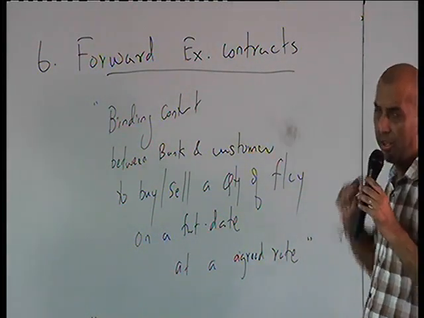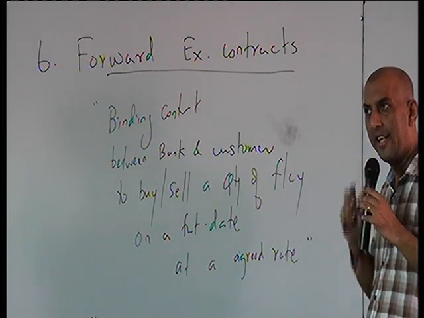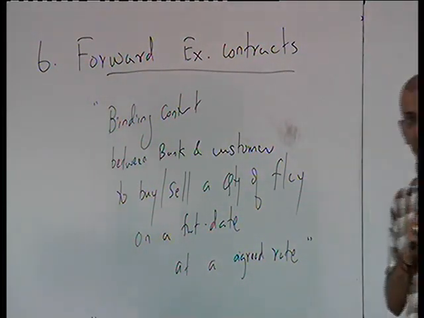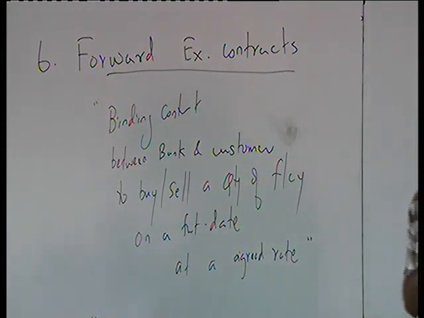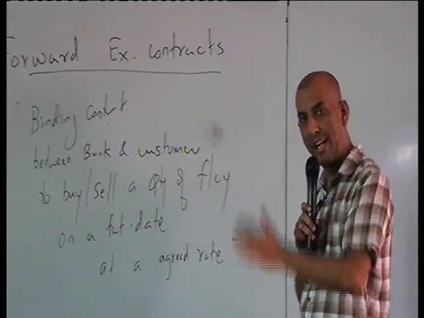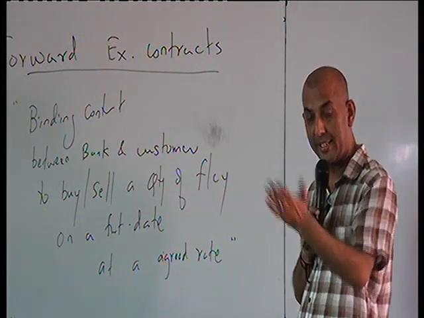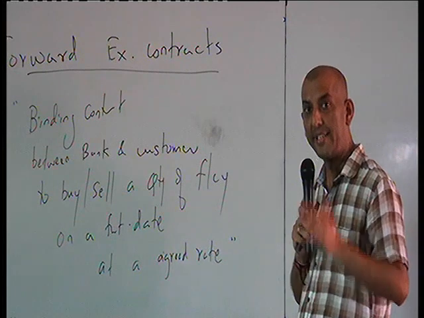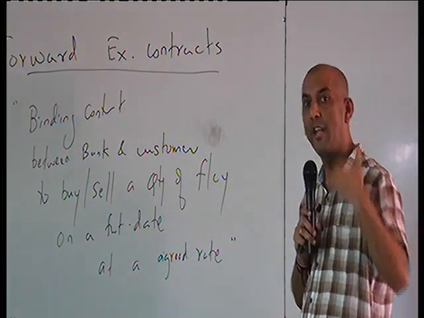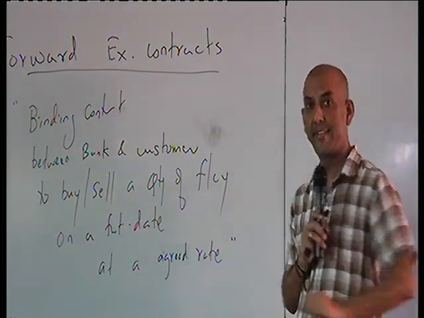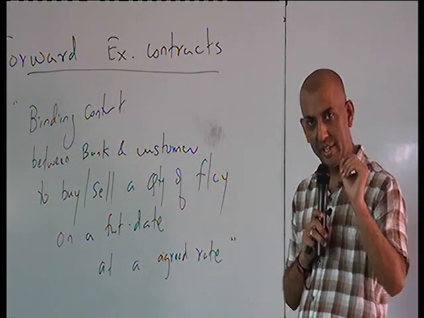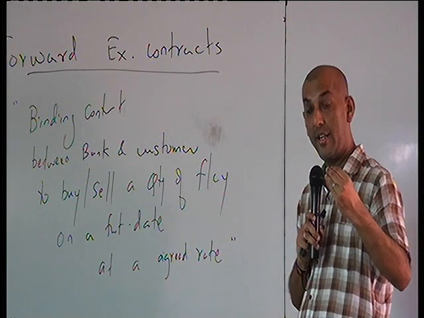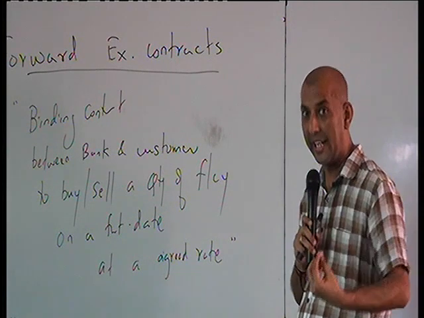It's a binding contract. This important wording is a binding contract. Binding means there are rights and obligations for both parties, the customer and the bank. I believe that you understand this. Rights mean you are entitled to certain things.